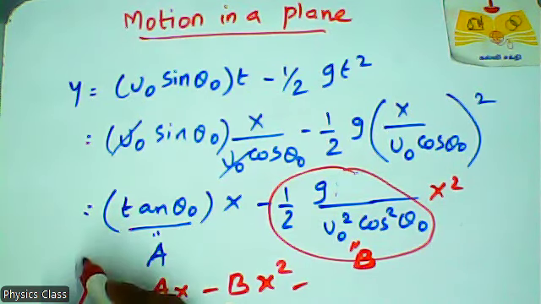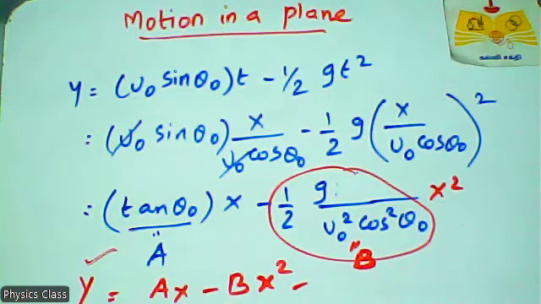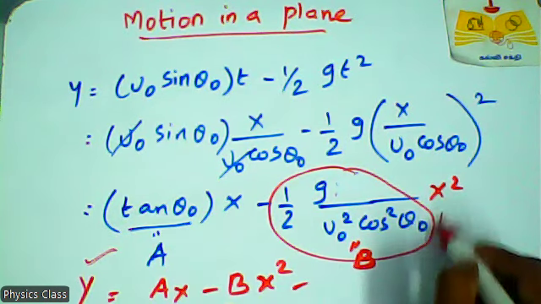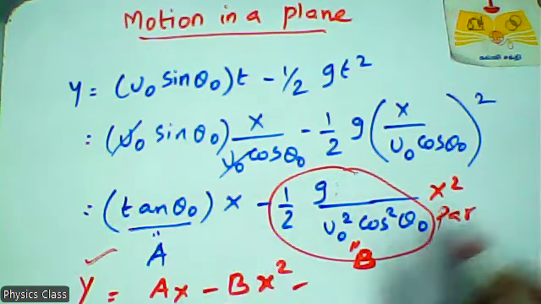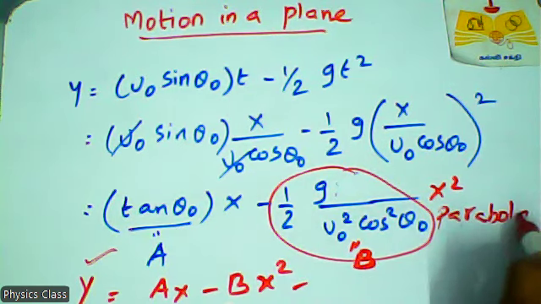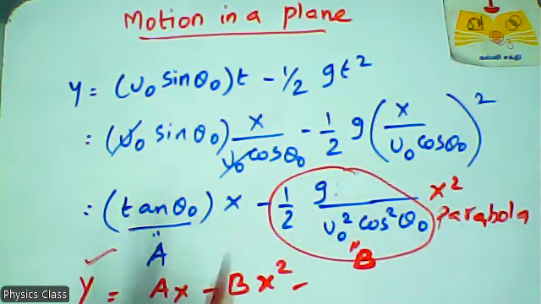So the path of the projectile is a parabola. Since y means displacement, that denotes the path. So the path of the projectile is a parabola: y = Ax − Bx².